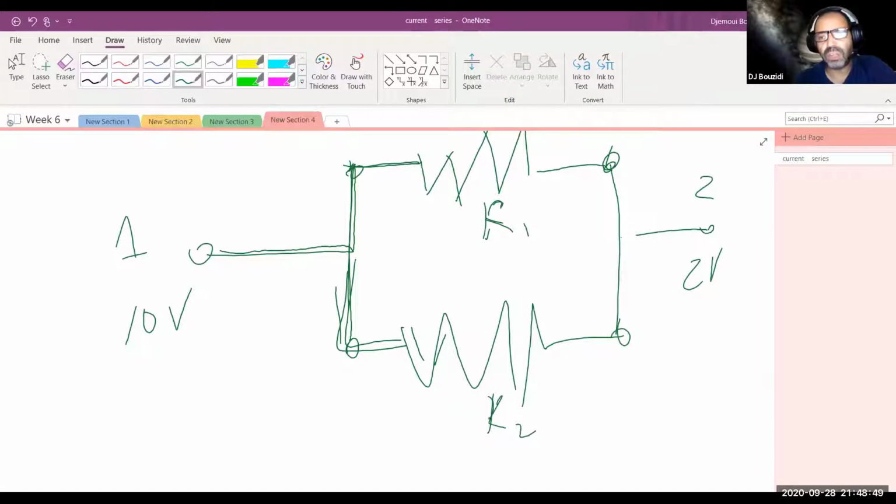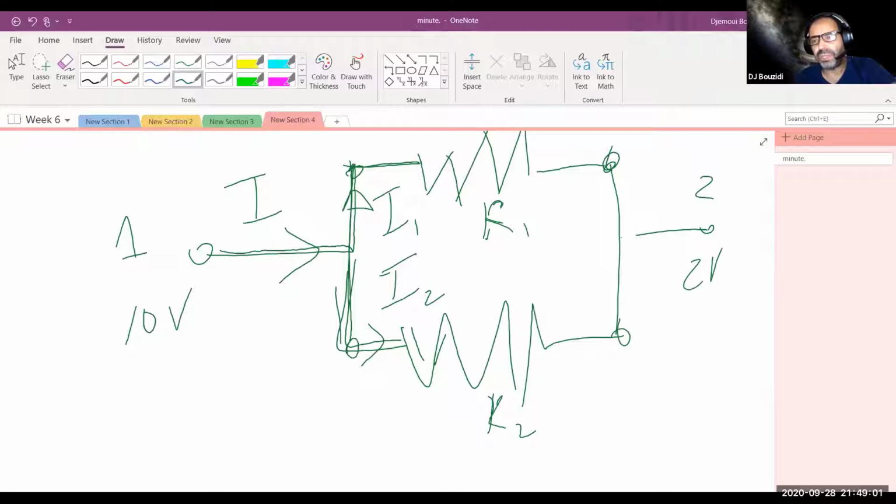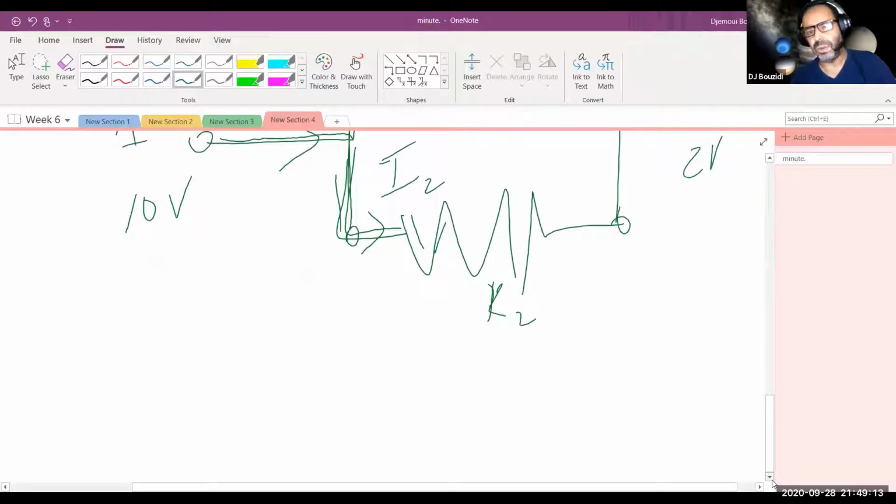But the currents cannot be the same now. The same current I is split between I1 and I2, to comply with the conservation of charge. If 10 coulombs come in every second, probably 7 of them go one way and 3 the other way, so that the sum of the two is still 10, the original number.